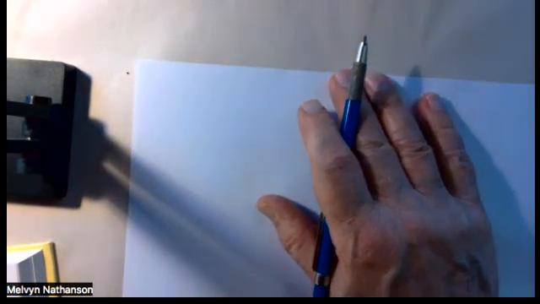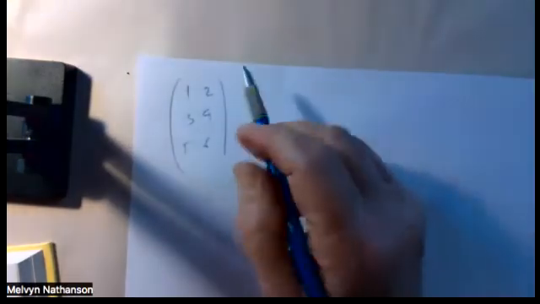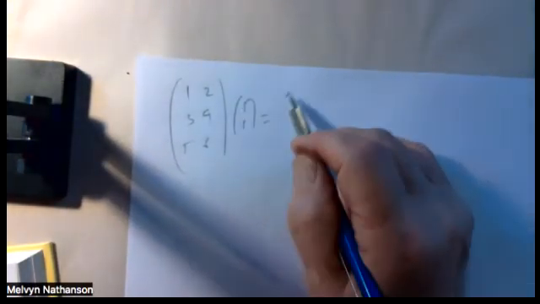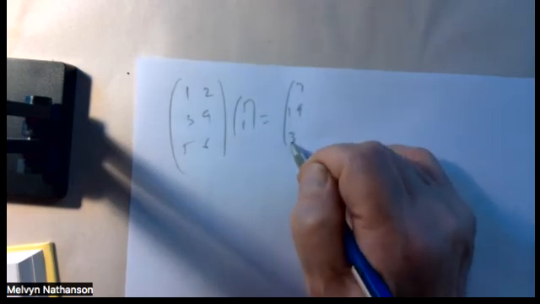I want to keep looking at these examples because we have 1, 2, 3, 4, 5, 6. This matrix times the column vector 5, 1. And we saw we got 7, 19, 31.